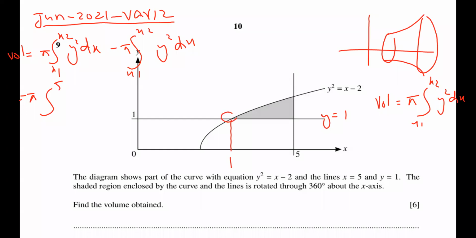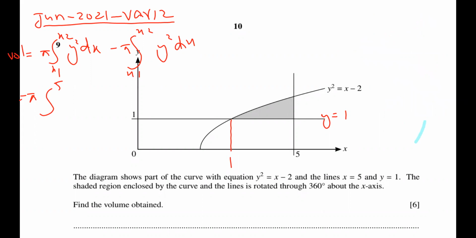To get this x value, I will solve the equations simultaneously. First of all, I will plug this one in the place of this y square, because here they are intersecting, so I equate them.